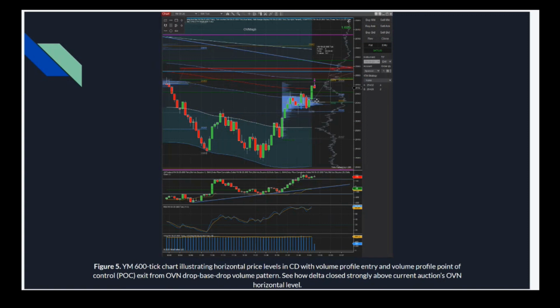All right, here's another example. This was from a couple days ago. This is a 600 tick chart, and this is showing the volume profile setup that I had. Right here I had an entry when I saw that the cumulative delta was breaking through. It closed above this horizontal line, and I like to hit market buy because I like the excitement in my life.